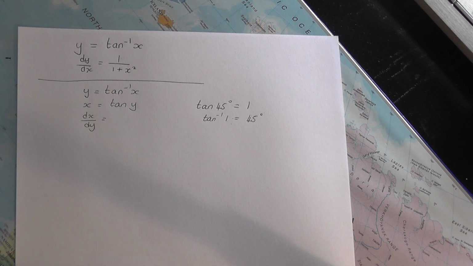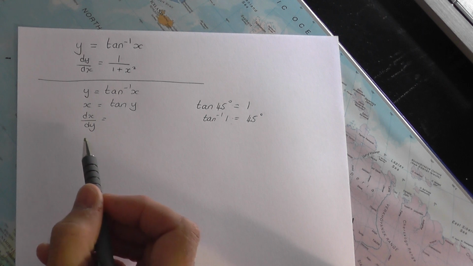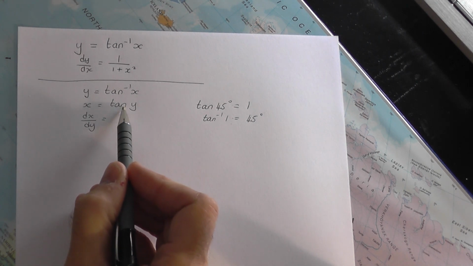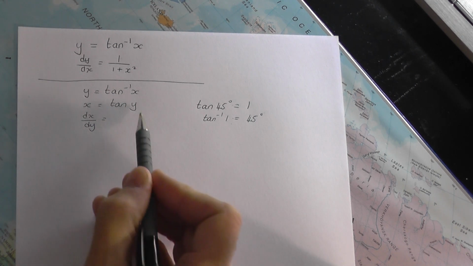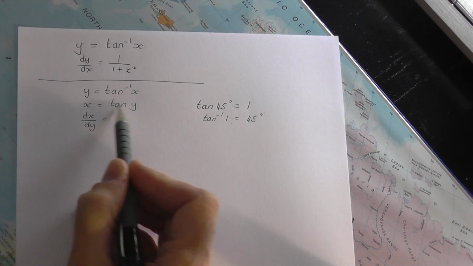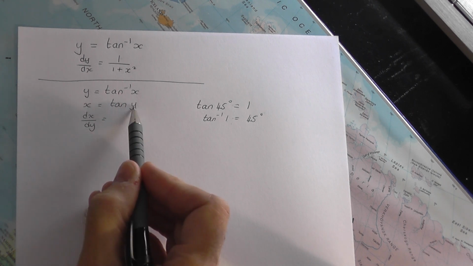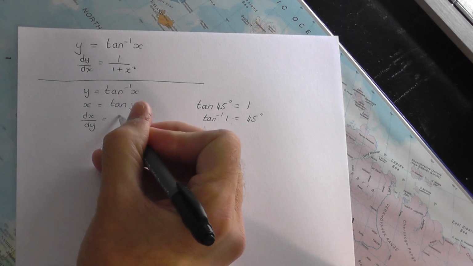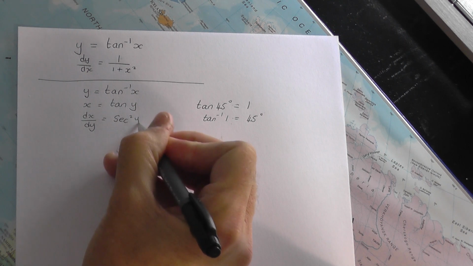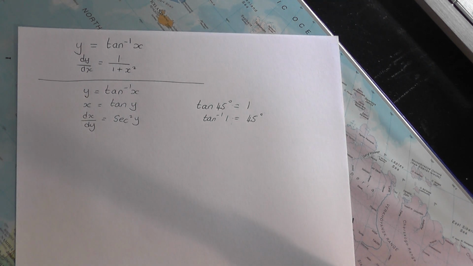You just need to do this process. So dx by dy: you just differentiate with respect to y. This is a standard result you should have learnt off by heart, and you're allowed to quote it. Differentiate tan, you get sec squared y. So that's what dx by dy is.